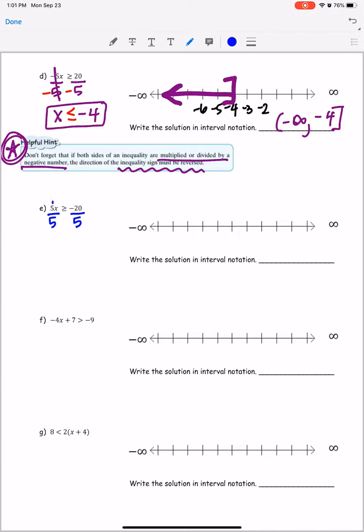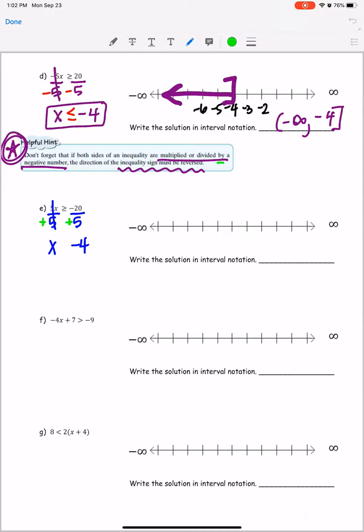However, when I divide by 5 and I get x and a negative 4, just like I got a negative 4 here, I am not flipping my symbol because I am dividing by a positive 5. It does not matter that this top one here is negative. I am still not dividing by a negative number.